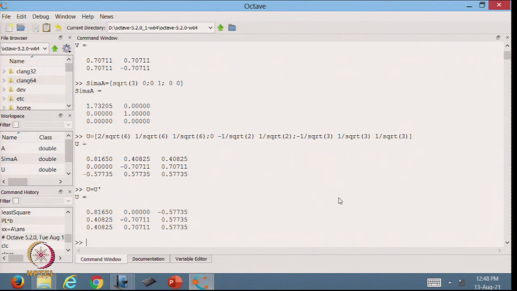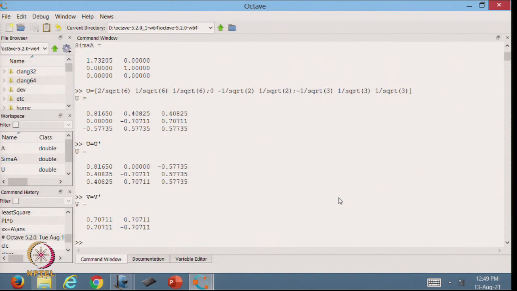I think V also we have to write as V transpose, because we have to write in columns. The first column should be 2 by root 6, 1 by root 6, 1 by root 6, then 0, minus 1 by root 2, 1 by root 2, and this is minus 1 by root 3, 1 by root 3, 1 by root 3.